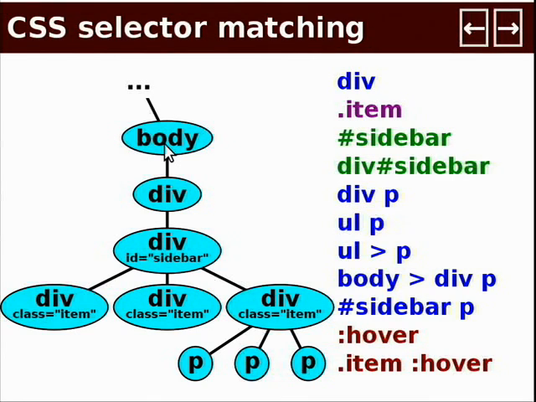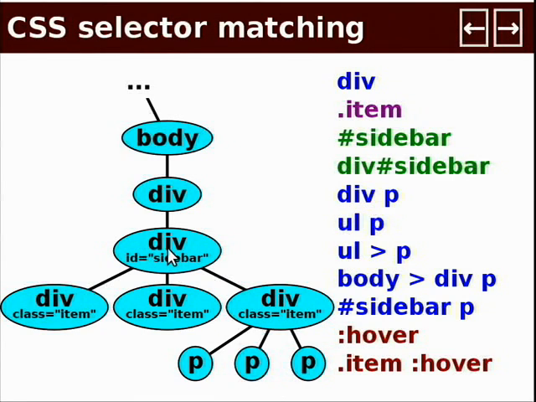So there are actually some selectors that are even worse in that there's backtracking required. For example, this one here: you're looking for a p that is a descendant of a div that's the child of body. If you're trying to see if this p matches, what the browser will do is say that p matches the rightmost part. Then it'll find the div matches the next part.